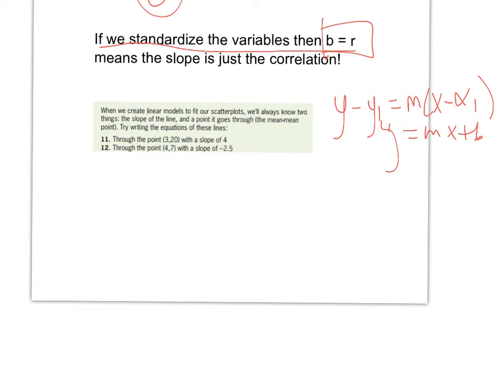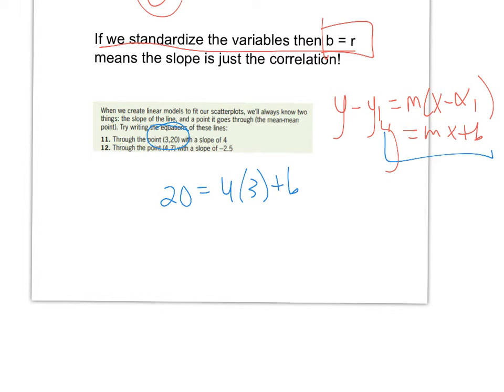Okay, so you can use either formula. I'm going to use the one that you guys are used to. So if this is my point, (3, 20), and my slope is 4, I would plug those numbers in for x and y, and the slope is 4, right? So our y value would be 20, our slope is 4, our x value is 3, and I can solve for b. Okay, so again, your textbook uses b as slope, so don't get confused.